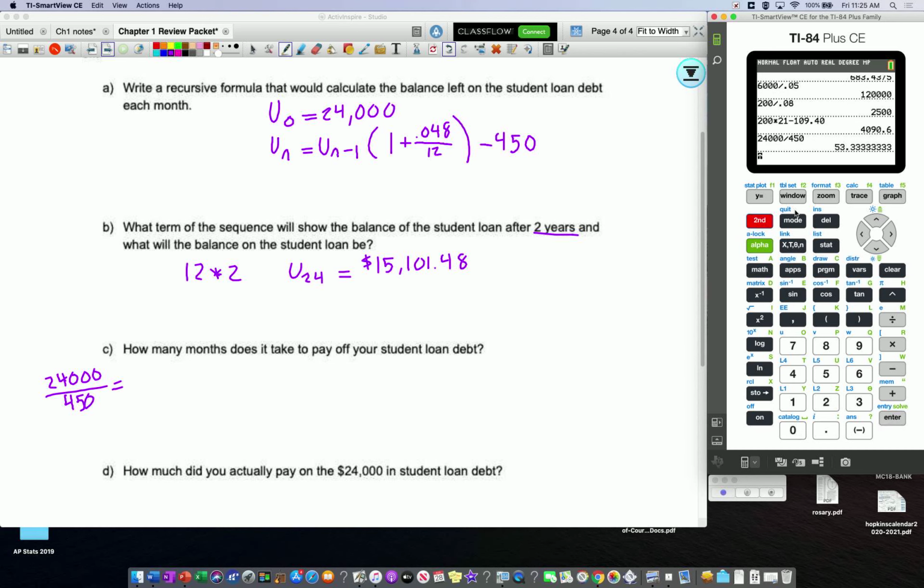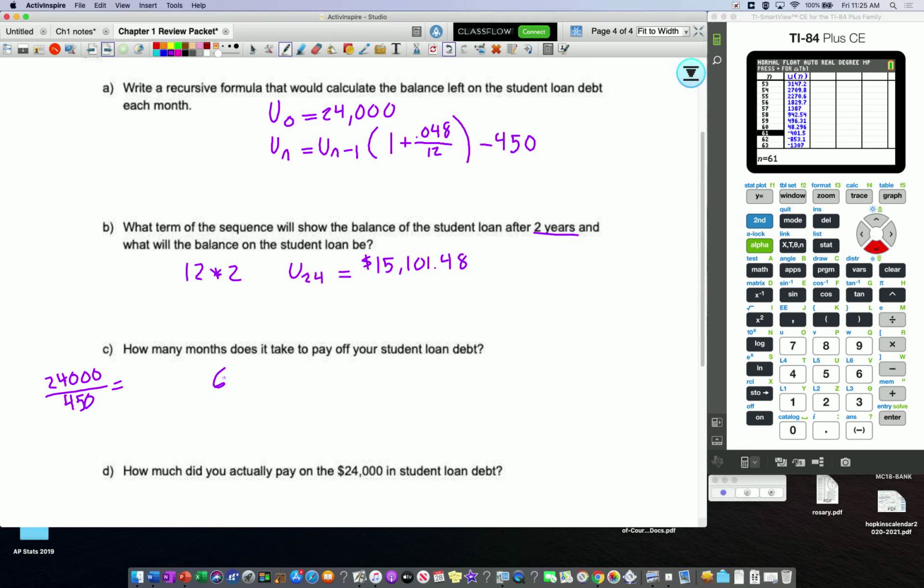So on my table set, I'm actually going to start right there at 53. Okay, so go ahead and hit enter, go to my table. I'm going to start at 53 and see if I get there. Look at that, finally. I get there finally at month 61. So it takes 61 months to pay off the student loan.